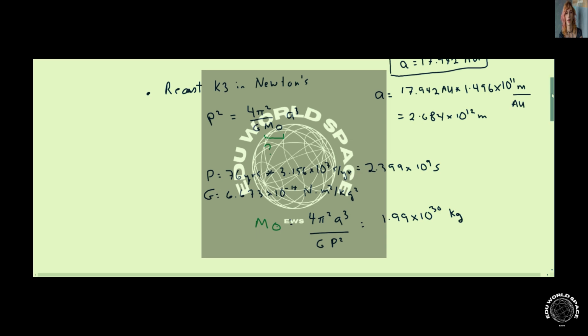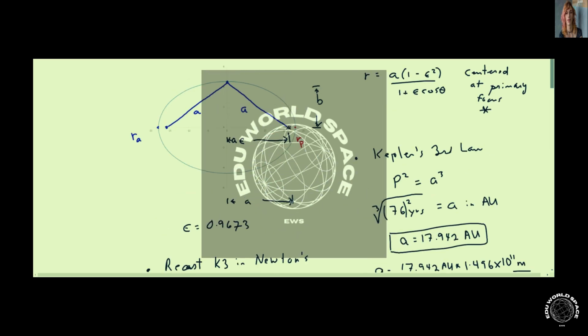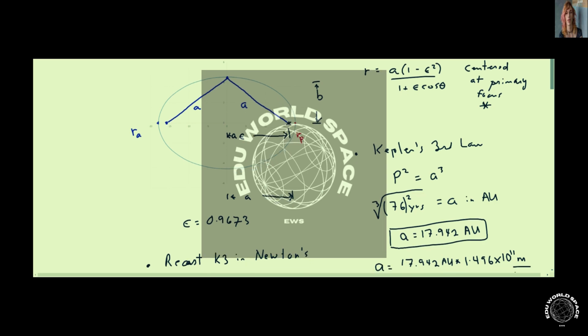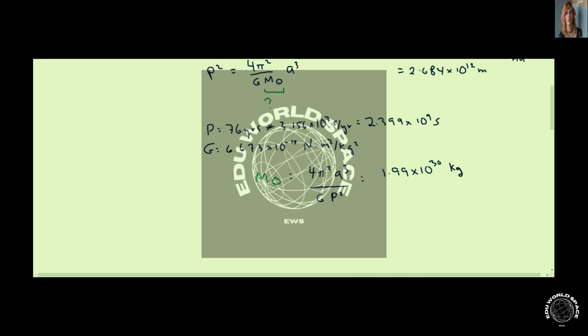Some other things we can do is start to look at the velocities of the comet in its 2 different positions. So using the eccentricity and knowing that a is the semimajor axis, we can actually calculate both the aphelion and the perihelion distances.